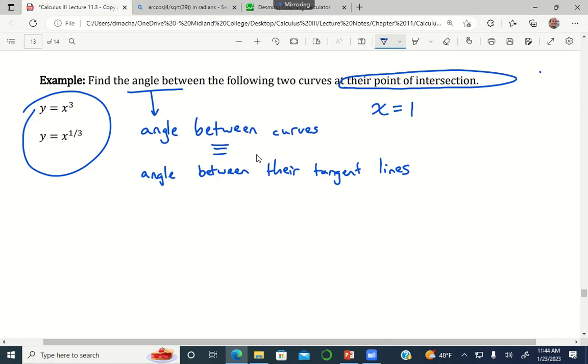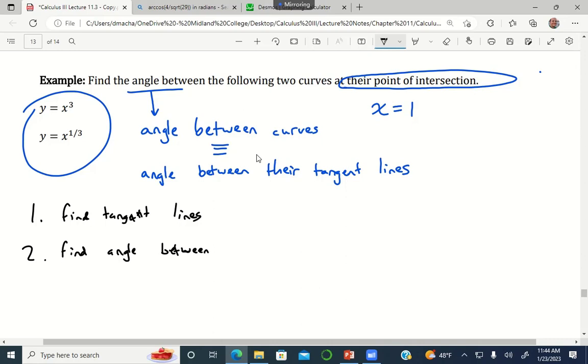So what we're going to first do is find the tangent lines, and then second, find the angle between them. That's going to be our little strategy here.